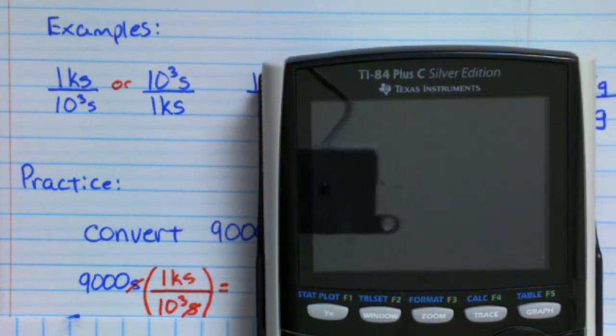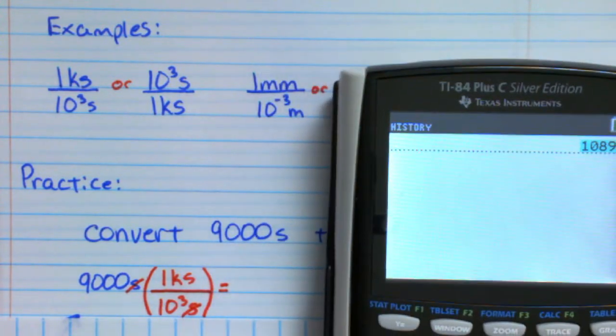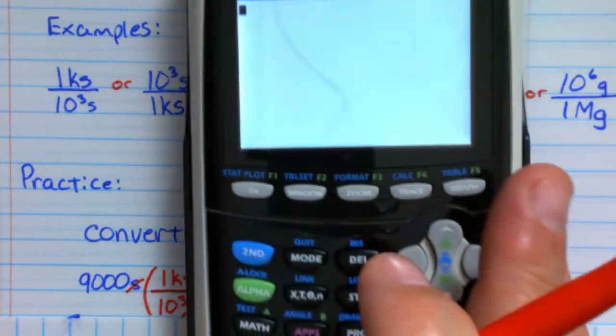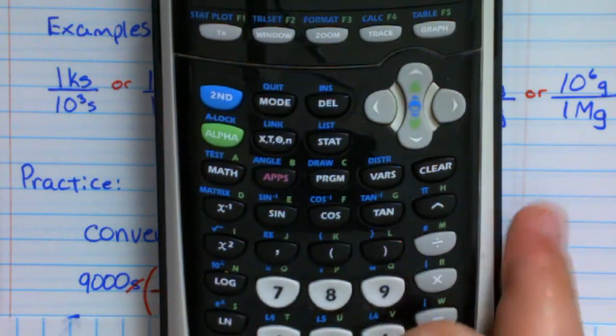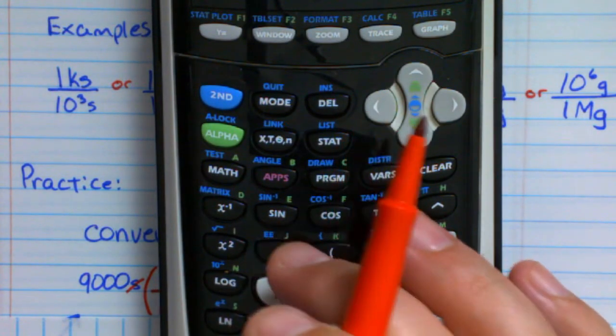So when you're using a calculator and you're typing scientific notation, we would use the second button, and then right here above the 7, double E. It's the comma.